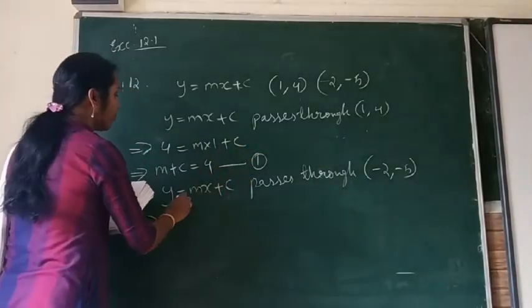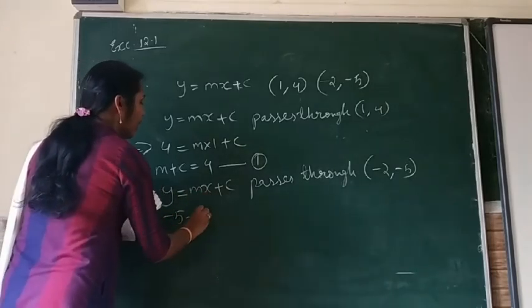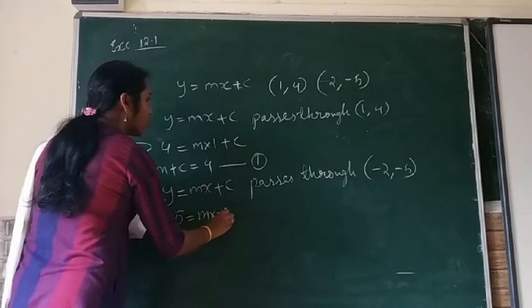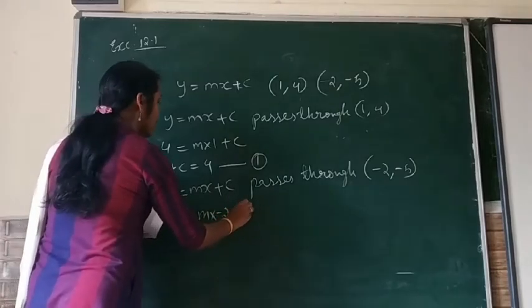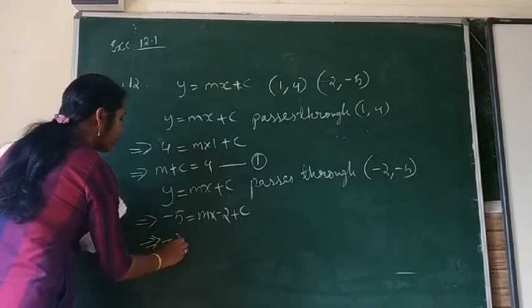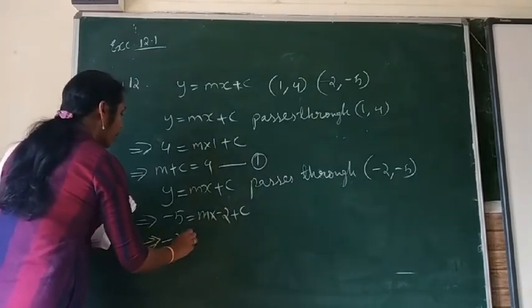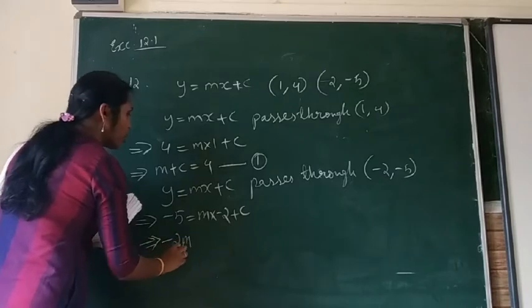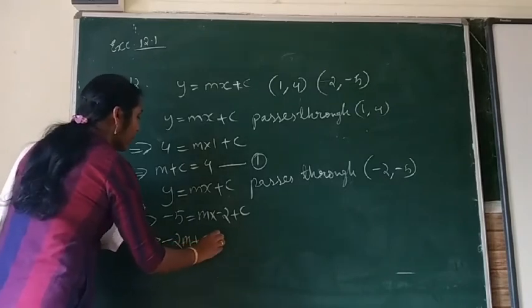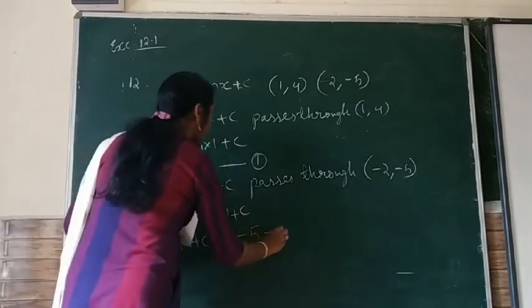That is minus 5 is equal to m into minus 2 plus c. Simplifying, we get minus 2m plus c is equal to minus 5. This is equation number 2.